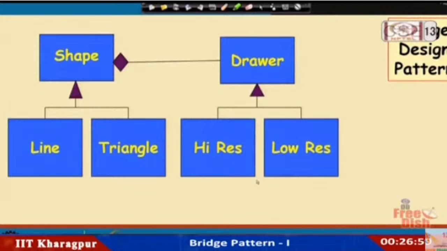We had taken the example of a shape, various types of geometric shapes: line, triangle, circle and so on. And then these are to be drawn on various platforms, on desktops, mobile phones and so on.